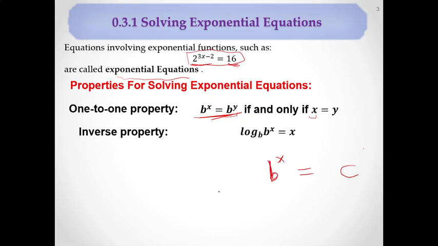Basically you take the logarithm base b of both sides, and this will cancel out the b terms, and then we end up with x equal to log base b of c. So the idea is to bring the log base b to both sides to bring the x down from the exponential.